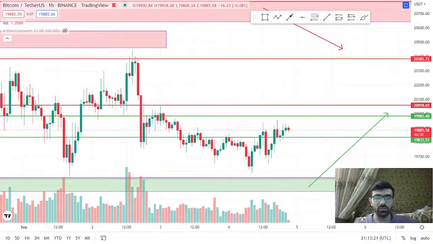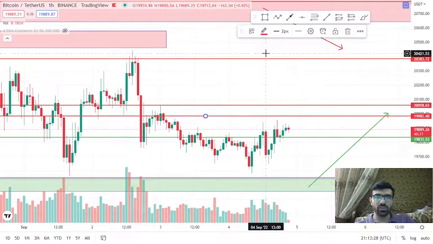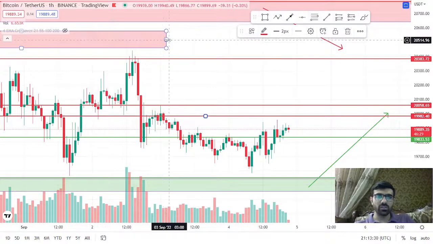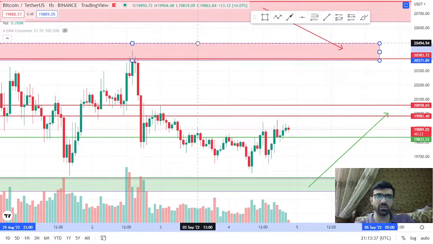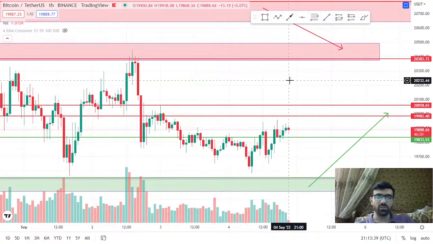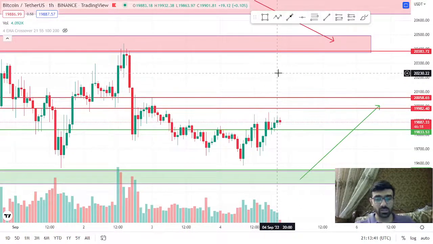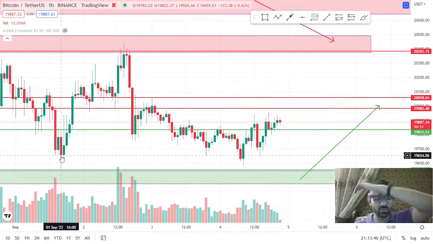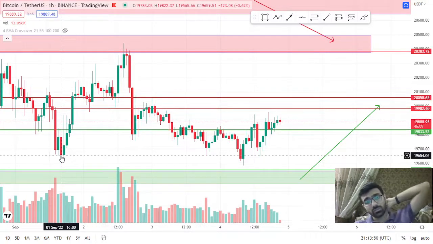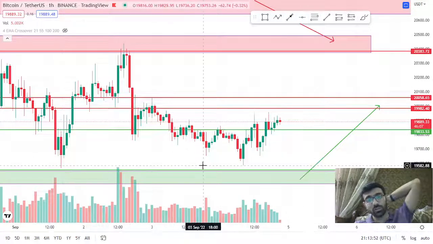Okay, now let me just mark this area as an area of resistance. Okay, so let me stretch this, but you guys can clearly see that this area of resistance is now this area of resistance. Okay, so you guys can clearly see that this low has not been taken out till yet, so I am looking for this low to be taken out.